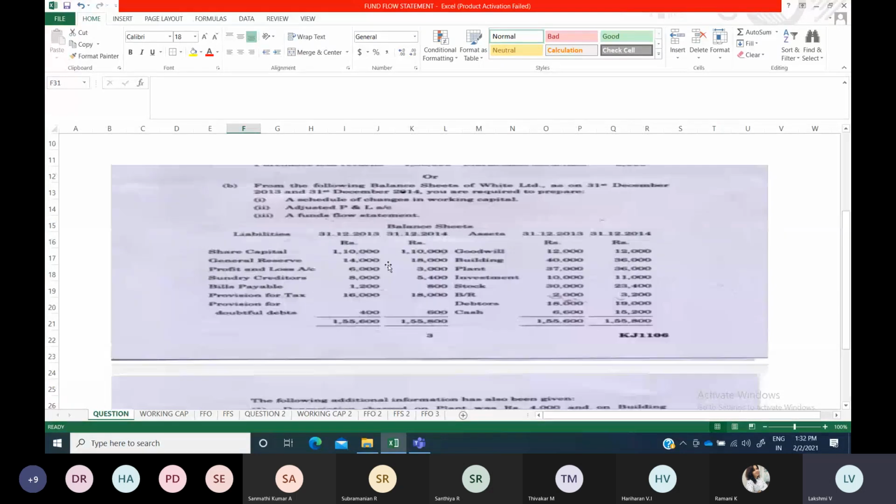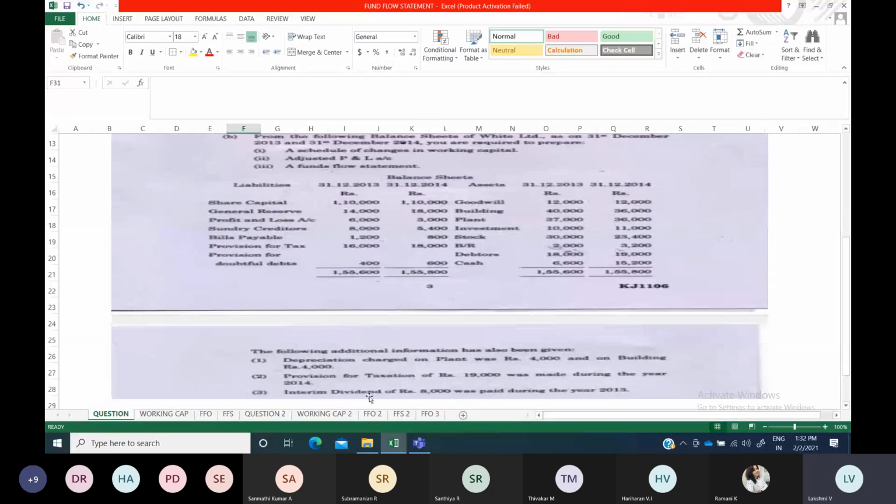So the adjusted P&L account, why we are preparing it is to calculate funds from operations. Under that, goodwill, if there is any written off, you will take up. General reserve transfer, if it is there, you will be taking that. Provision for taxation made during the year, this amount you will take up. And then depreciation, if any is there, you will be taking that on the debit side.